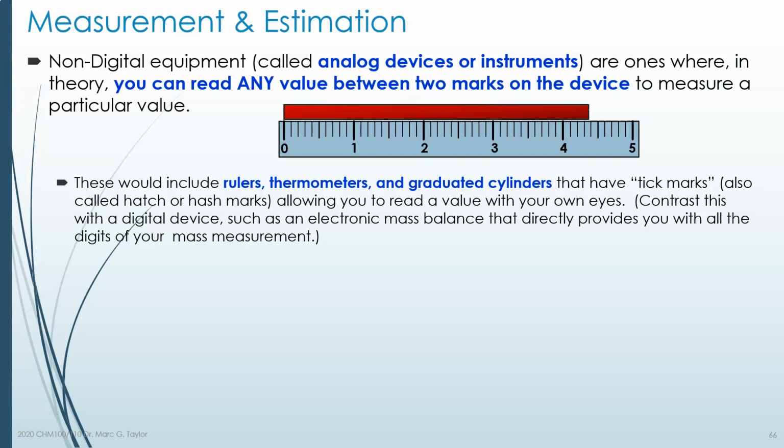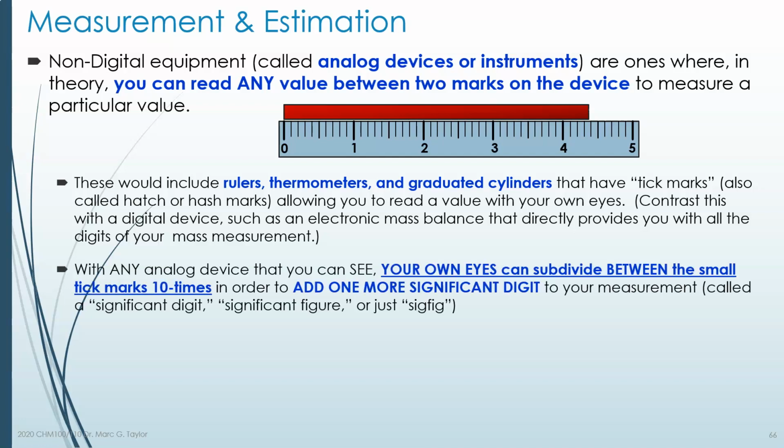And you can read these tick marks with your eyes and make your own value judgment, as opposed to an electronic device like an electronic balance, which will tell you the answer. It will give you your mass to the nearest gram or the nearest hundredth of a gram or a thousandth of a gram, depending on the precision of that particular digital instrument.